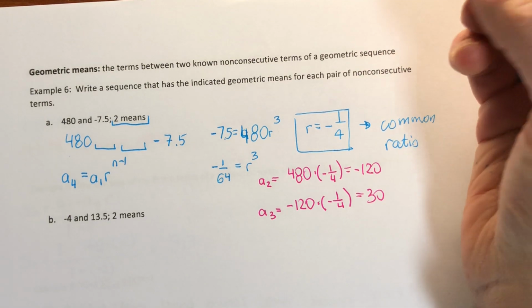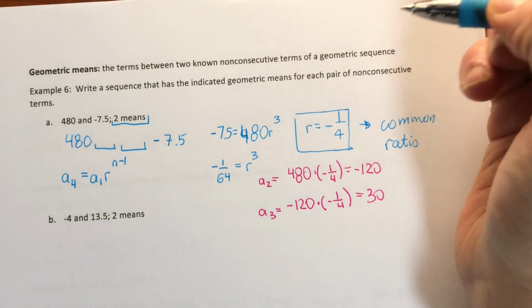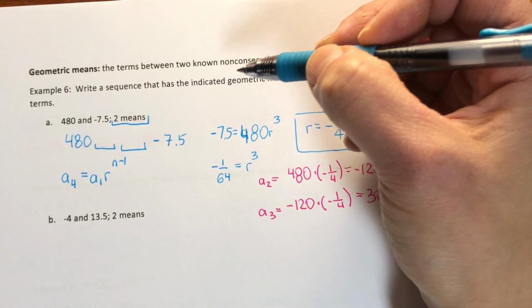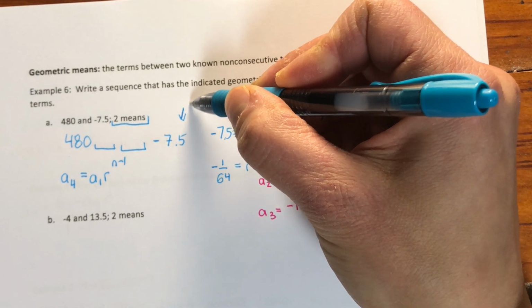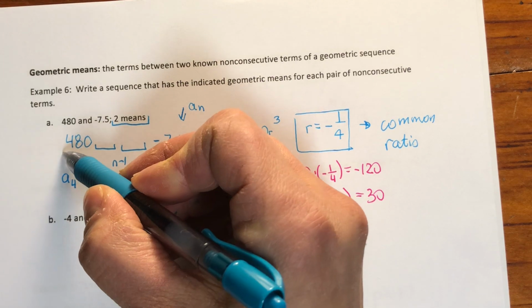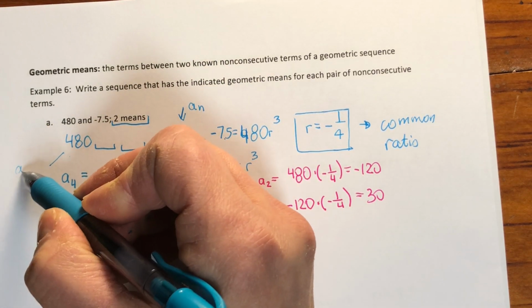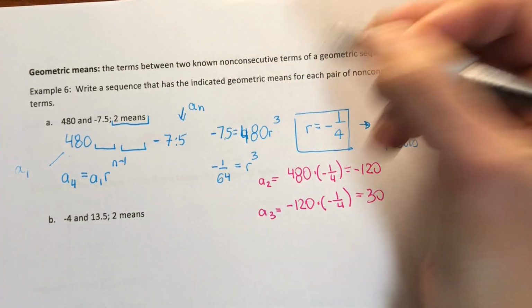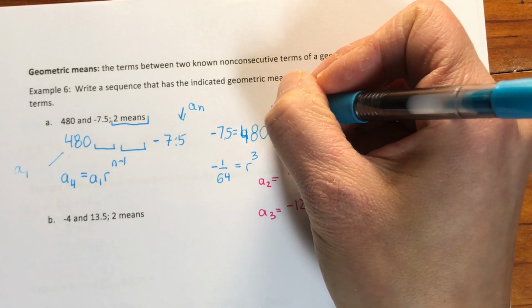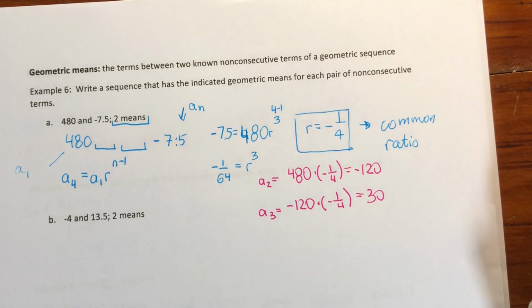Having said that, we do know that this is our nth term, this is our first term, and we have 1, 2, 3, 4 terms. So this number is 4 minus 1.